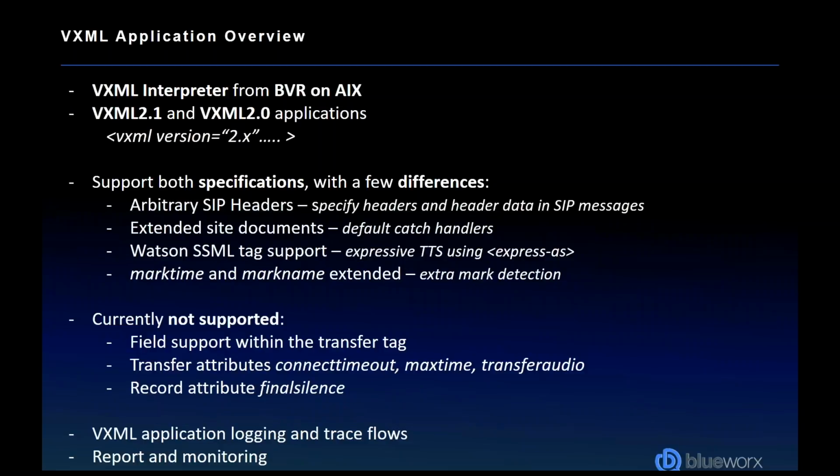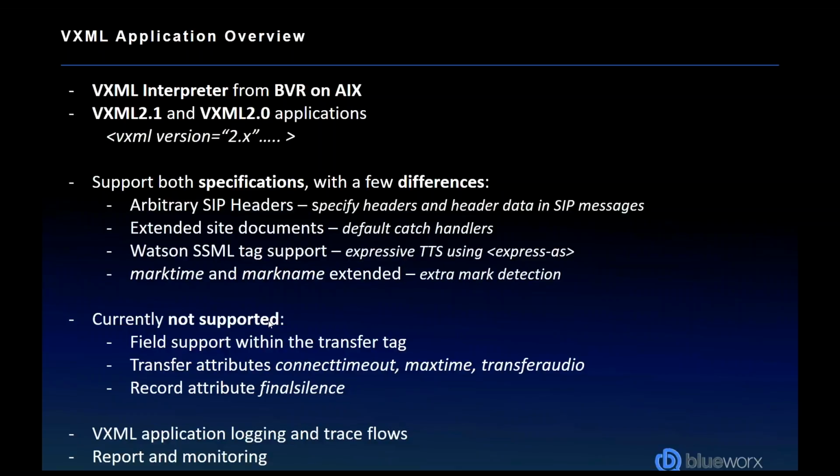in other tags as well throughout the VXML application, regardless of barge-in, such as TTS, record, and transfer, and so on. So those are the things that differ from the spec, and these are the things that we currently don't support. The field support within the transfer tag, for example, prompting during a transfer being invoked.